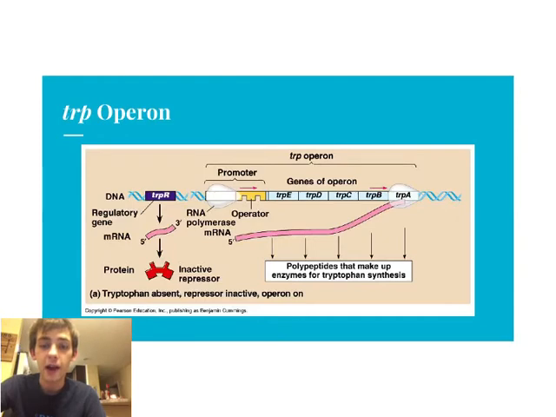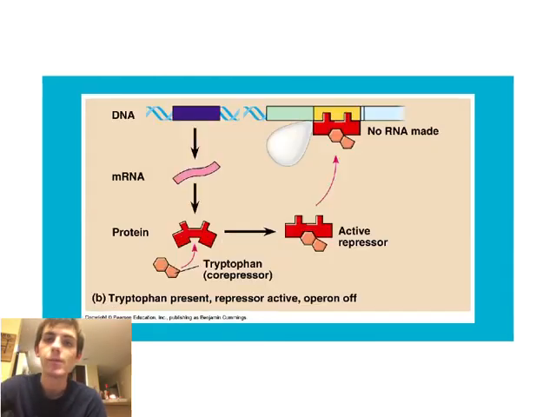If tryptophan is not available in the environment, this E. coli is going to produce tryptophan, so RNA polymerase will attach to the promoter region. There's nothing blocking it from moving across this operon because the repressor protein is inactive, so the structural genes are going to be transcribed, and then translation can occur.